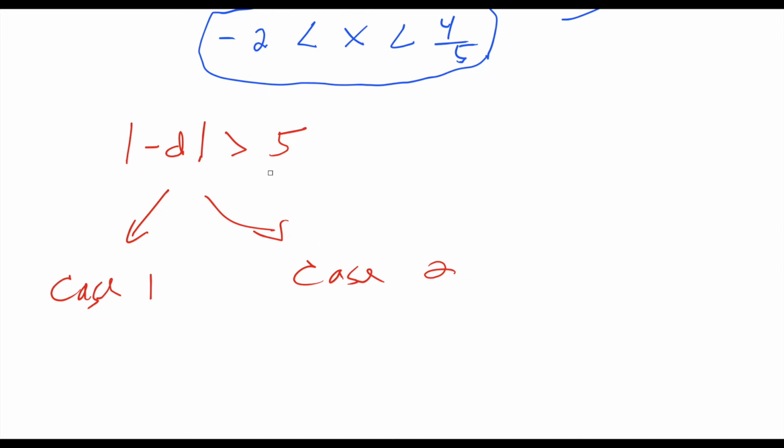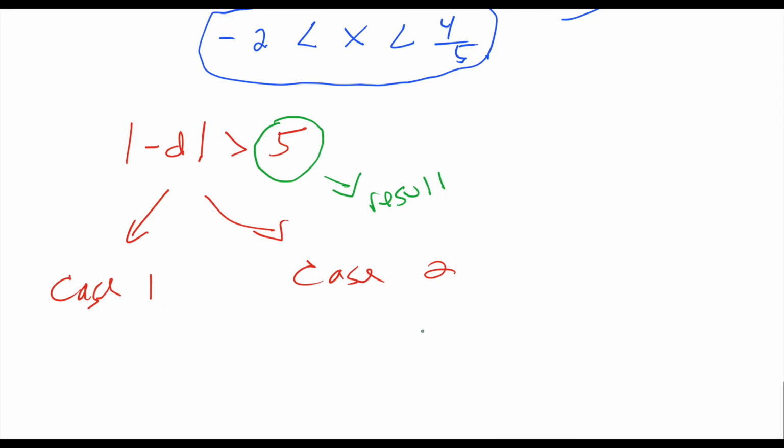The best way I can explain it is that this number here is the result of this right here. And the result has to be positive.